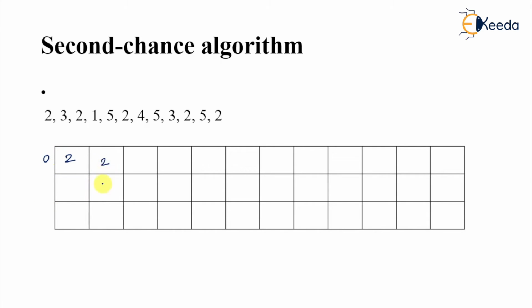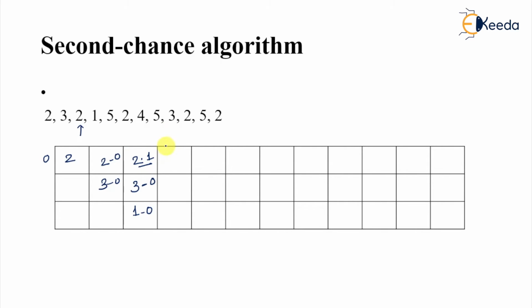Then 2 3 again, but this time 2 is referenced, so its bit is set to 1, and 3 is not referenced, so its bit is 0. Initially it was 0, and here it is referred one more time so the bit is set to 1. Then 2 3 2 1, and 1 has not been referred, so that is 0.